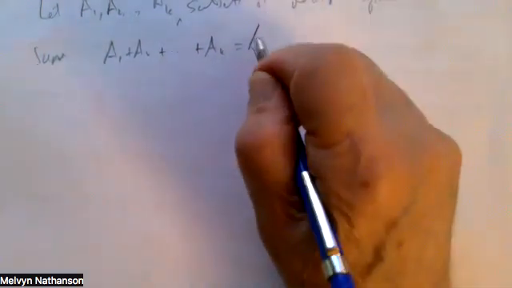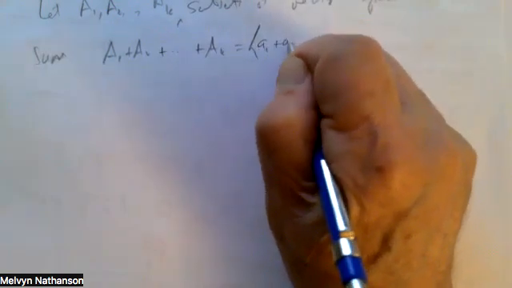The sum of these sets is all vectors that can be written in the form A1 plus A2 up to A sub K, where Ai is in the set A sub i, for i going from 1 up to K.